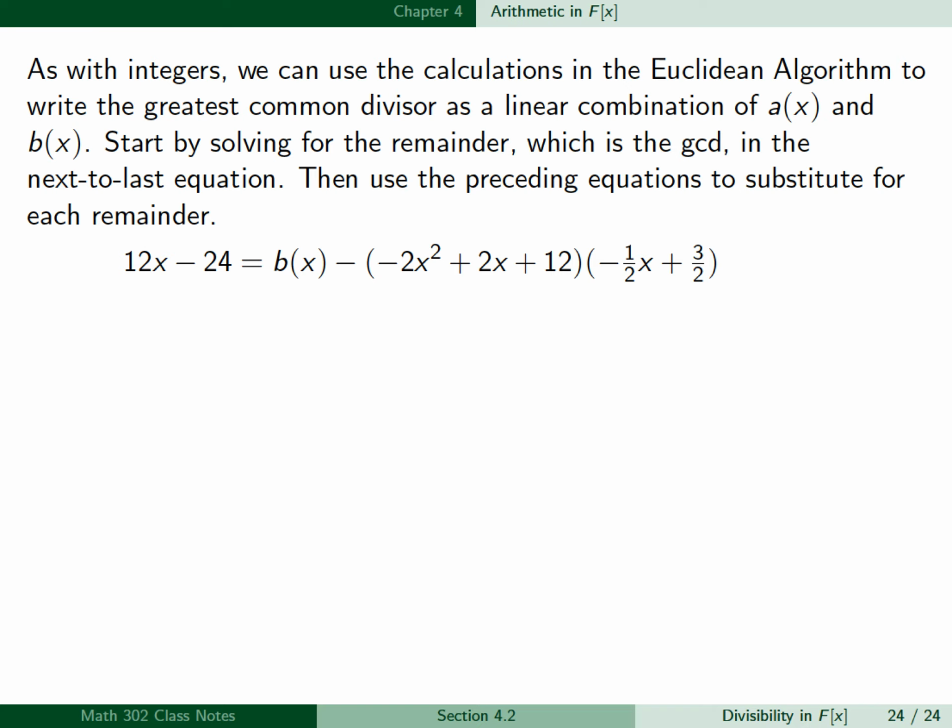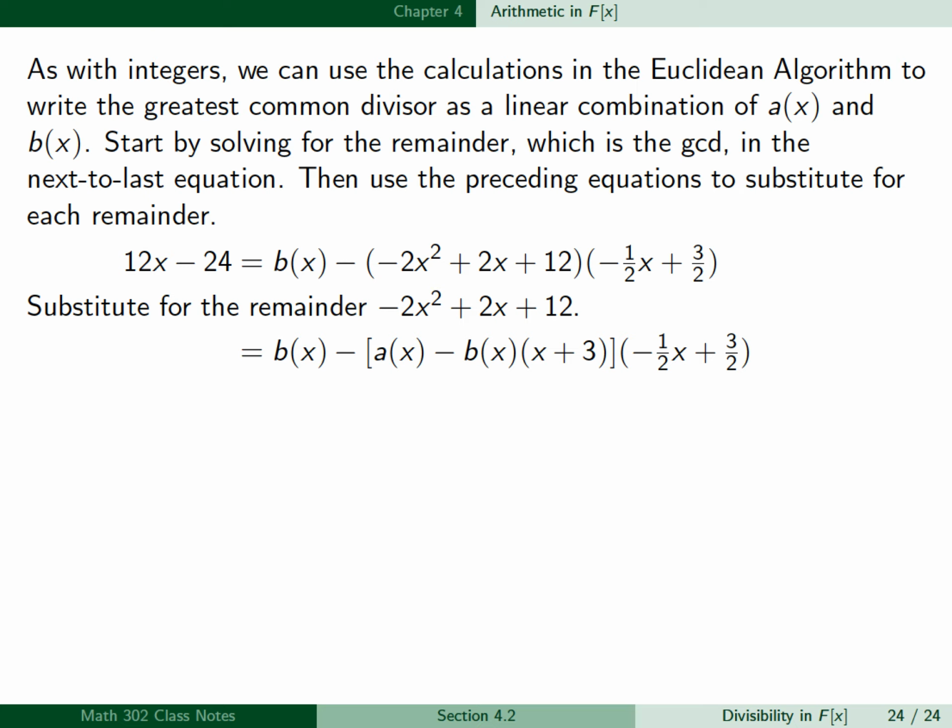So in our previous example, solving for our last non-zero remainder, we obtain 12x minus 24 is b of x minus the quantity minus 2x squared minus 2x plus 12 times minus 1/2 x plus 3/2, and then substitute for the remainder minus 2x squared minus 2x plus 12, and we obtain b of x minus the quantity a of x minus b of x times x plus 3, times minus 1/2 x plus 3/2.